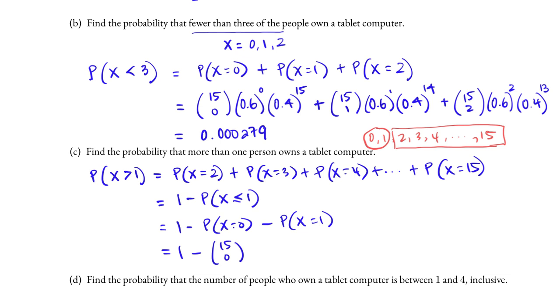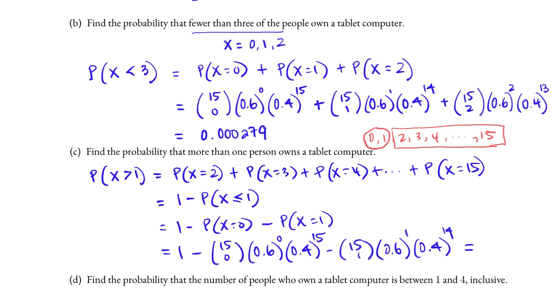15 choose 0, 0.6 raised to 0 power, 0.4 raised to 15 power. We did that earlier. And for p of x equals 1, we have 15 choose 1, 0.6 raised to 1 power, and then 0.4 raised to 14 power.